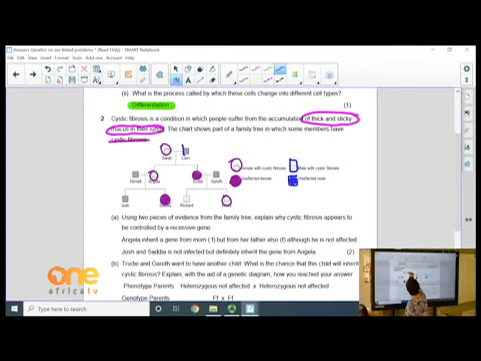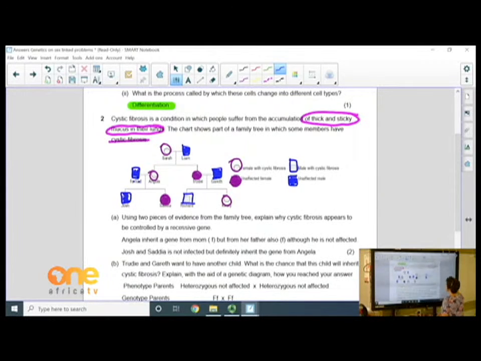So we see that Liam is unaffected, Farad is unaffected, Josh is unaffected, Gareth also unaffected. But Richard is affected. Good.